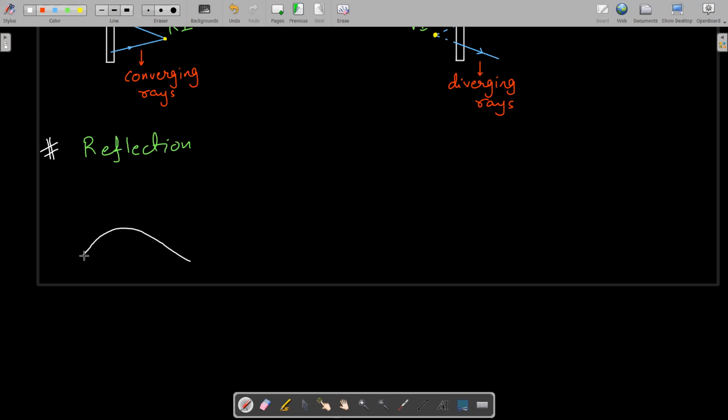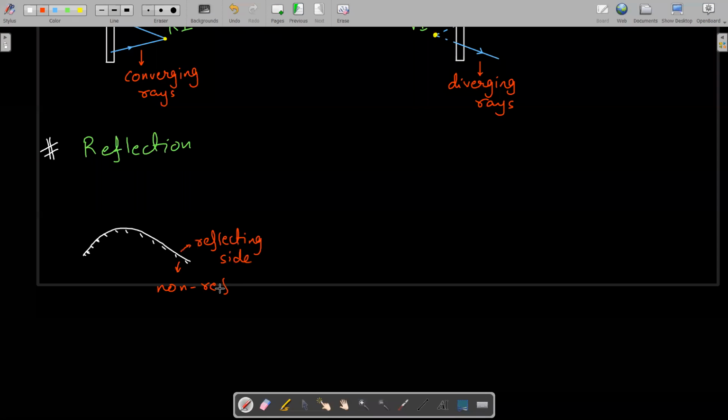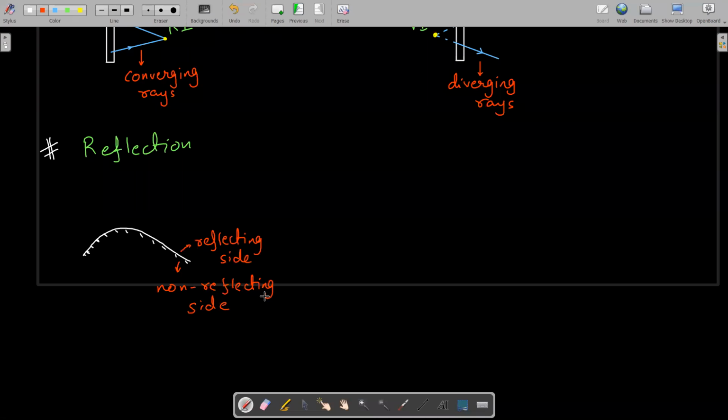Okay, this is a random surface and ये जो मैंने ऐसे छोटे छोटे लाइंस ड्रॉ किया, व्हाट इज दिस कॉल्ड? तुमने 9 10th में पढ़ा होगा. ये और ये रीजन क्या है? दिस इज द रिफ्लेक्टिंग पार्ट है, रिफ्लेक्टिंग साइड एंड नॉन रिफ्लेक्टिंग साइड. रफ स्मूथ का बात नहीं है, कौन सा साइड रिफ्लेक्ट करेगा कौन सा साइड रिफ्लेक्ट नहीं करेगा.